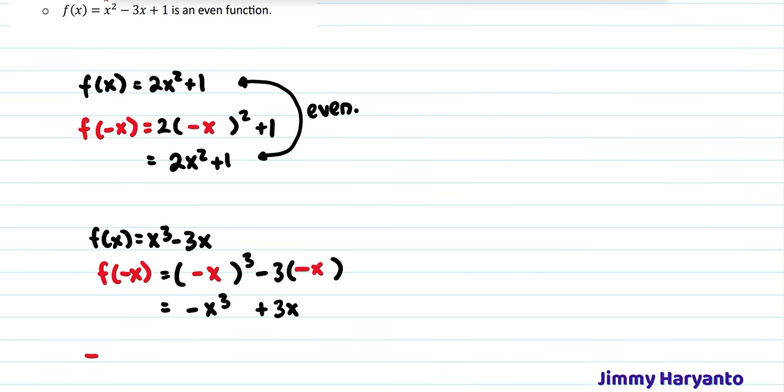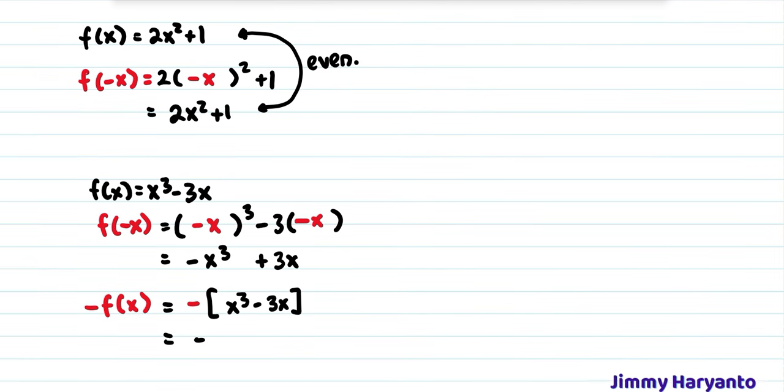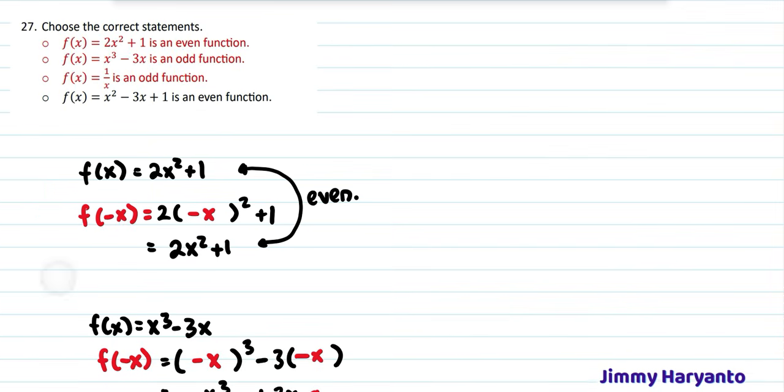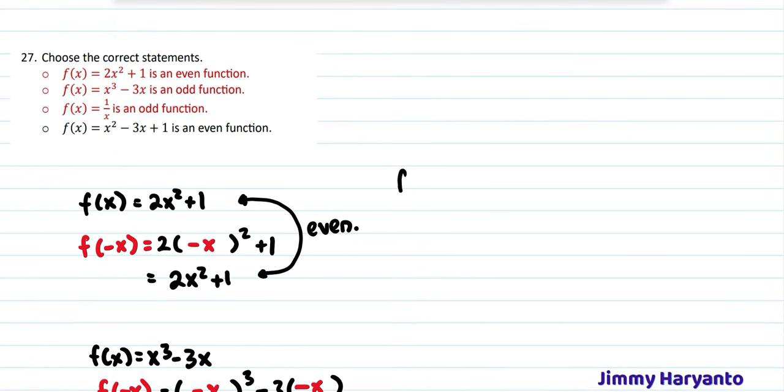And then we also have to find negative f(x). Negative f(x) is negative times the f(x). The f(x) is x cubed minus 3x. So you'll have negative x to the power of 3 plus 3x. If they are the same, that means the function is odd. Okay, second is correct.